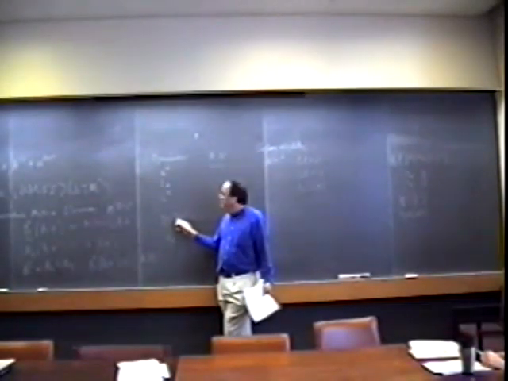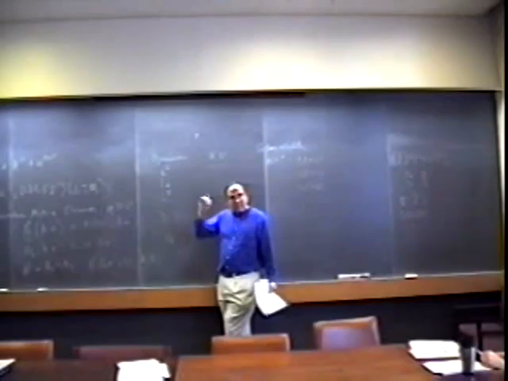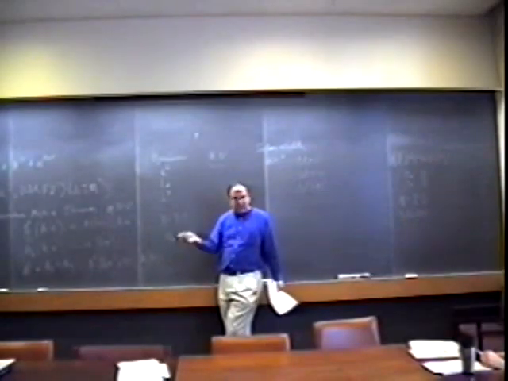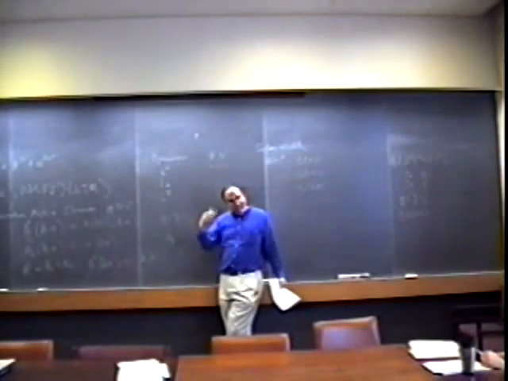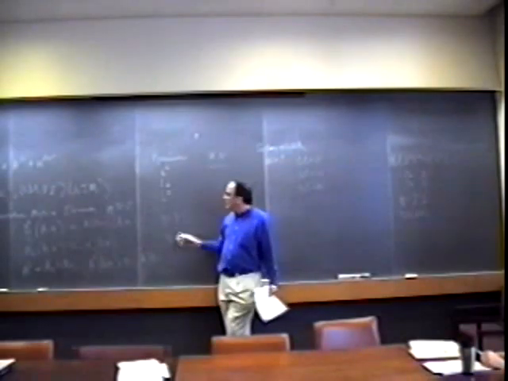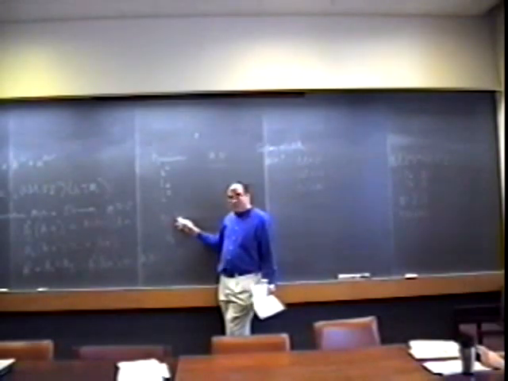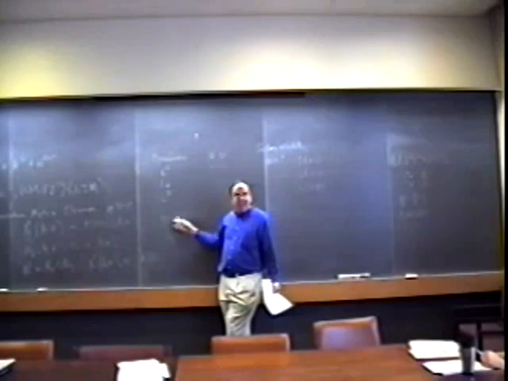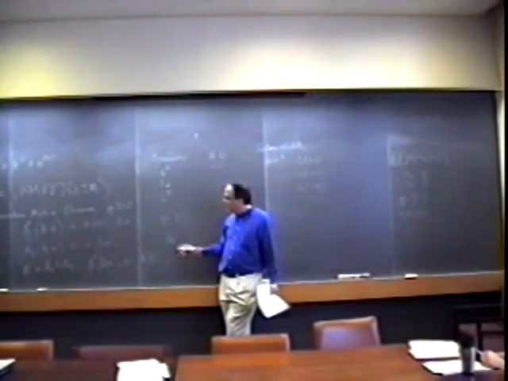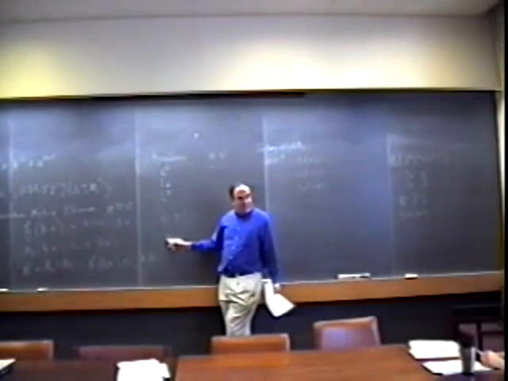JZ is LZ plus SZ plus RZ. RZ, the projection of the nuclear rotation on the internuclear axis, has to be 0. And so JZ minus SZ is LZ. So LZ is NZ.